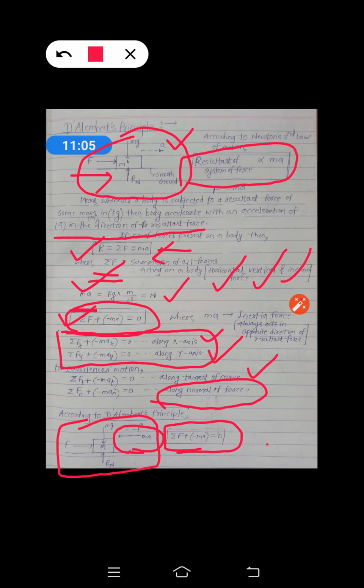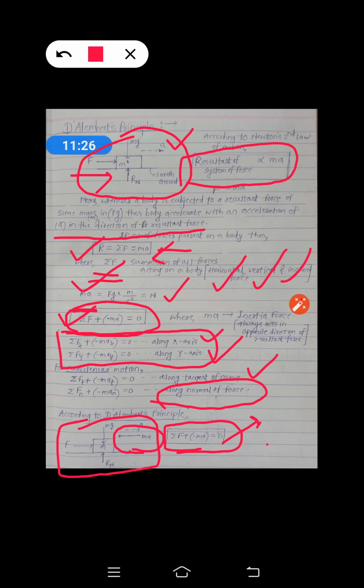Now students, here one interesting thing is that this equation is called a dynamic equilibrium equation. What is the name of that equation? It is a dynamic equilibrium equation. So what is the meaning of dynamic equilibrium equation?